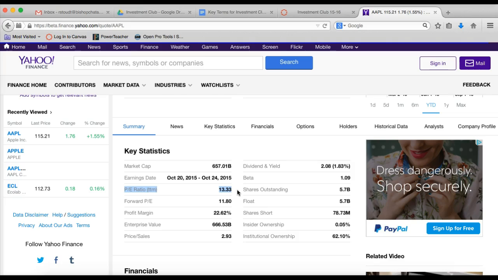If it's over 19, it's telling you you're paying a lot for this company. Does that mean it's overpriced and you're paying too much for it? Not necessarily. Sometimes when you pay full price for a piece of clothing, you're paying full price because you're guaranteeing that you're getting the right style, the right size, the right color, right?